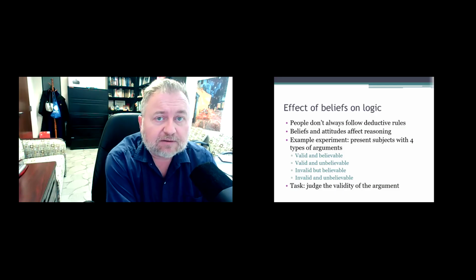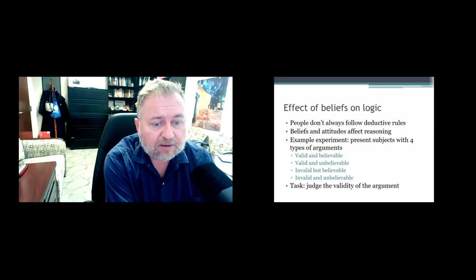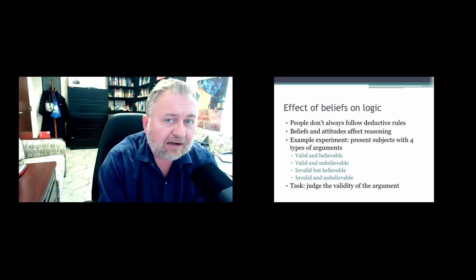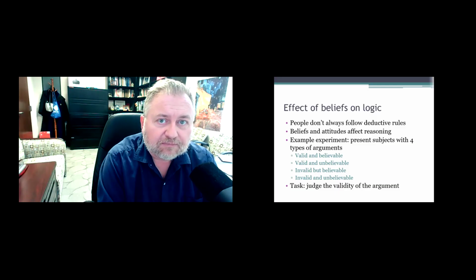So just as a reminder, I can have a true premise, but if I commit a fallacy, then I might have a false conclusion. I could have a true premise and commit a fallacy, and I might still have a true conclusion.